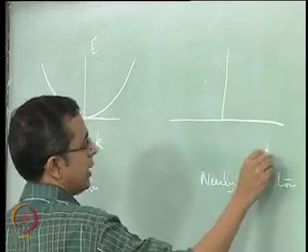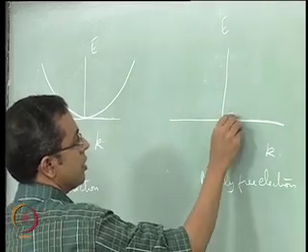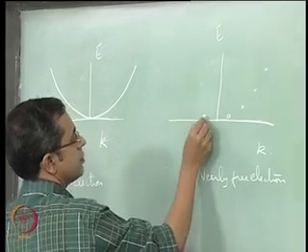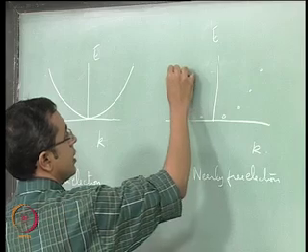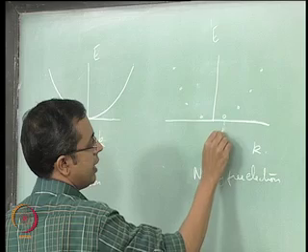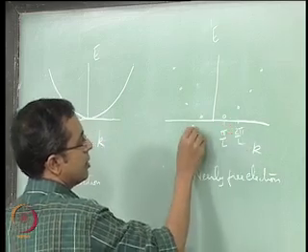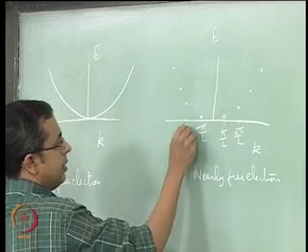So this is k again, this is E. Now only discrete values are allowed. And those values of k are n pi by L. So this is pi by L, this is 2 pi by L, this is minus pi by L, minus 2 pi by L, and so on.